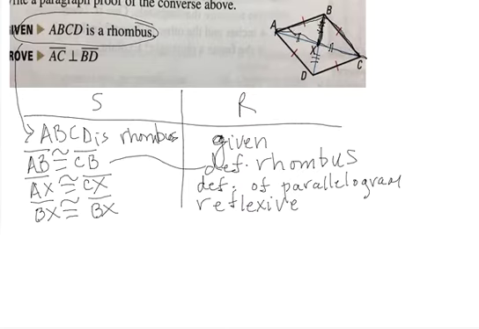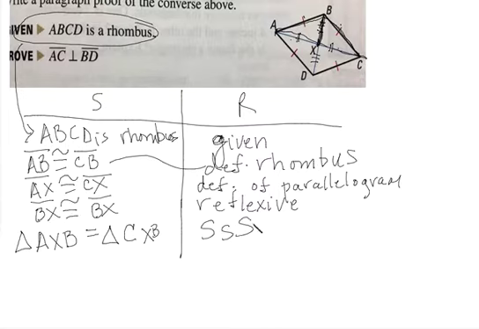Why are they congruent? Because this side's congruent to that side, I have a reflexive side here, and because of the bisected diagonals, those are also congruent. So I can say that triangle AXB equals triangle CXB, because of side, side, side.